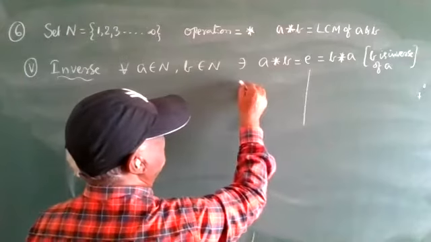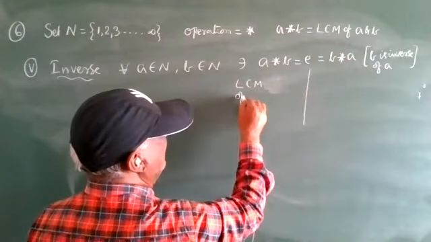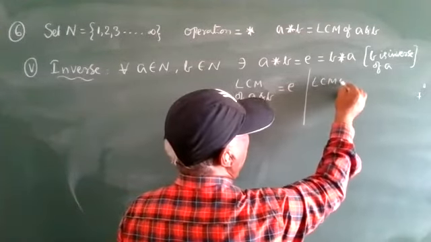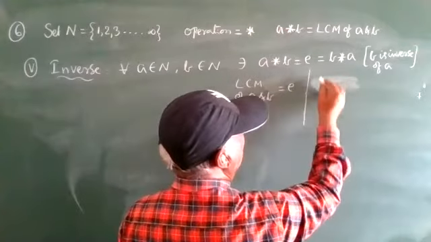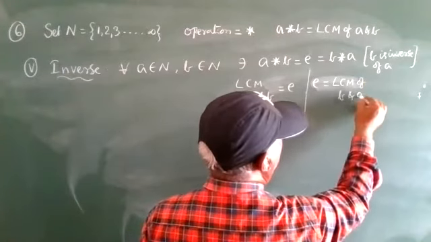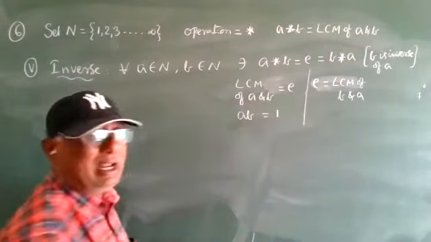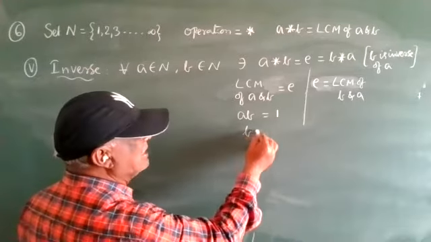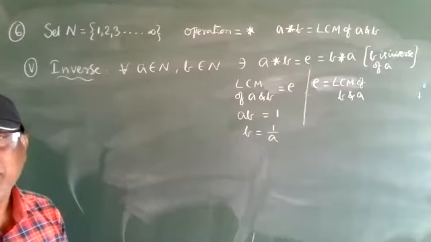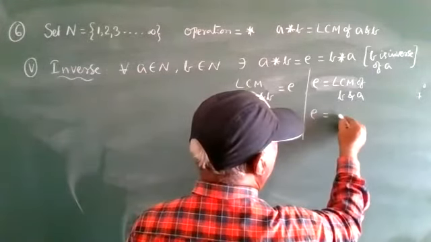On the left side, LCM of A and B is equal to E, and LCM of B and A is the same. What is the LCM of AB? It is the multiplication AB, and the identity element is 1. Now we find that B is equal to 1 by A. Likewise, E is equal to LCM of B and A, which is BA.